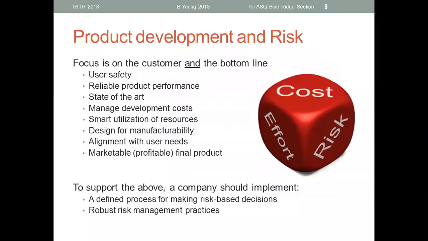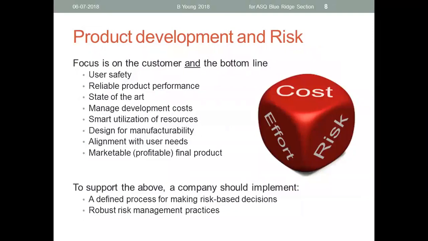Managing development costs can be one of the outputs of your risk management program, focusing on things that are important. Smart utilization of resources, also an output of a good risk management program. Design for manufacturability, alignment with user needs, marketable final product. We need to make a profit. Otherwise, why are we all working?